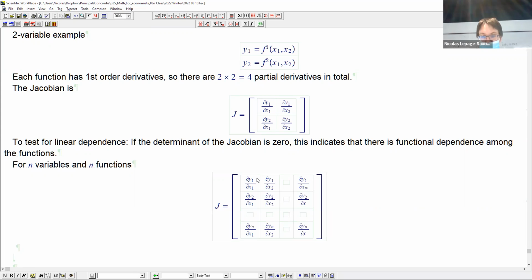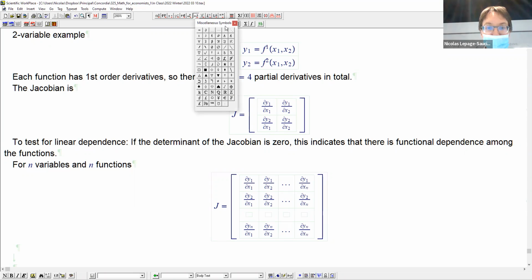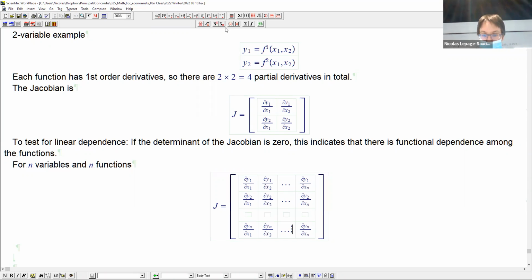And that, and that, and some more. So you can have as many variables as you want.